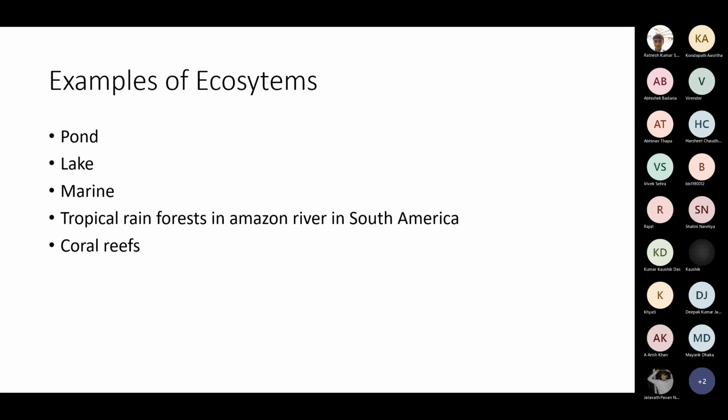Or the tropical rainforests along the Amazon River in South America is an ecosystem. Coral reefs, for example, are called ecosystems because they meet all the criteria which we have listed down. So eventually, our job is to understand that.